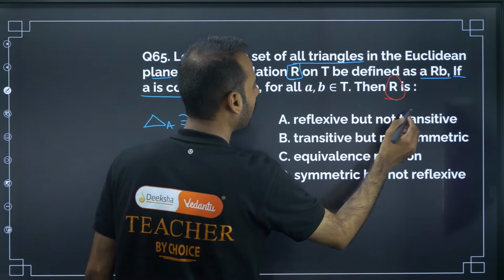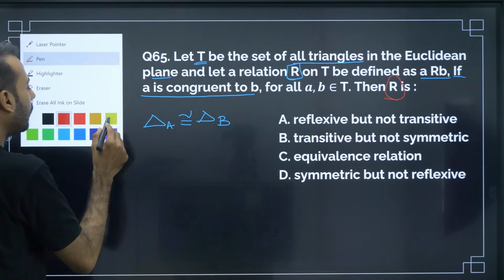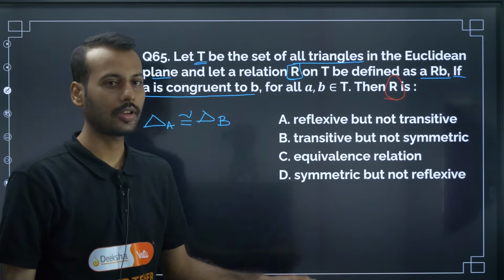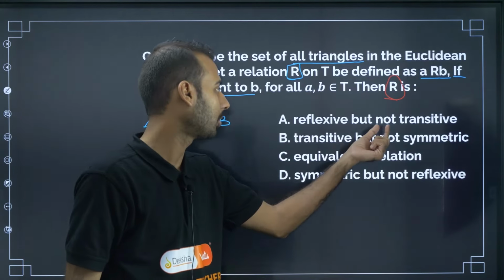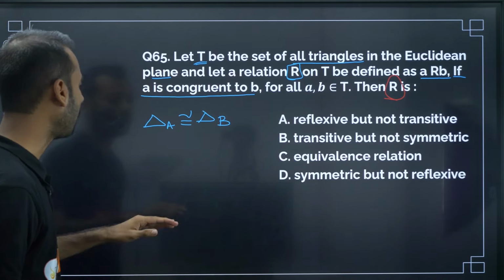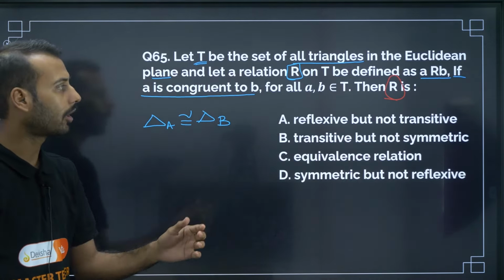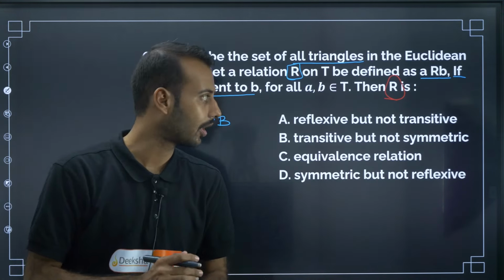Then R is, what is R? If you go through the options, they are asking what type of relation it is: reflexive, transitive, symmetric, or equivalence relation.